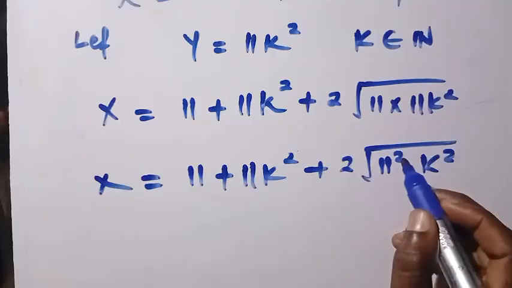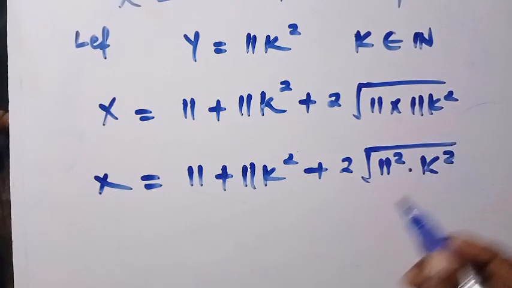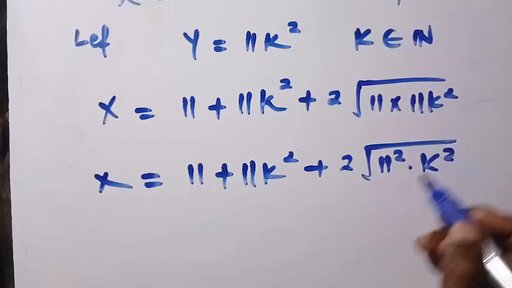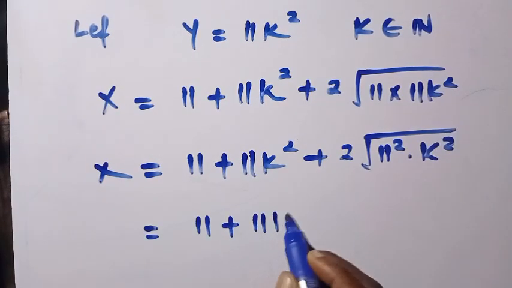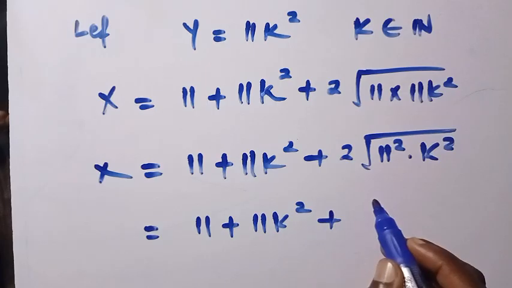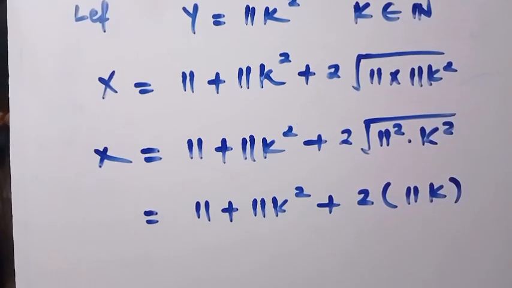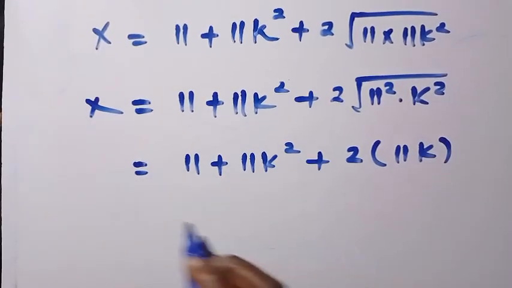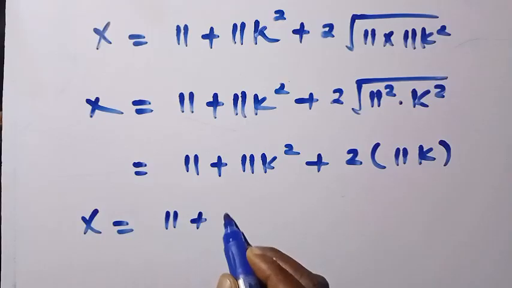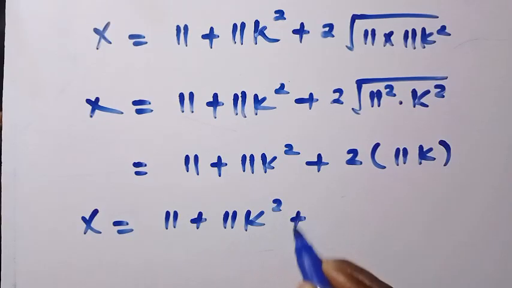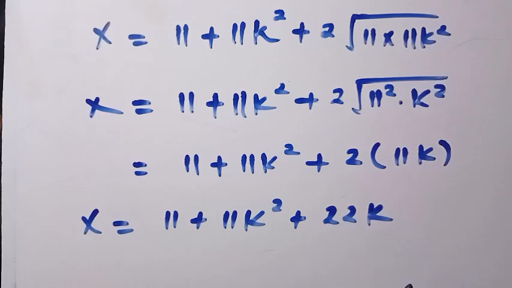But according to this root, the root will be affected. We cancel this square and this square, and we are going to have 11 plus 11k squared plus 2 into bracket of 11k. And then we have x equals 11 plus 11k squared plus 2 times 11, that is 22, then k.